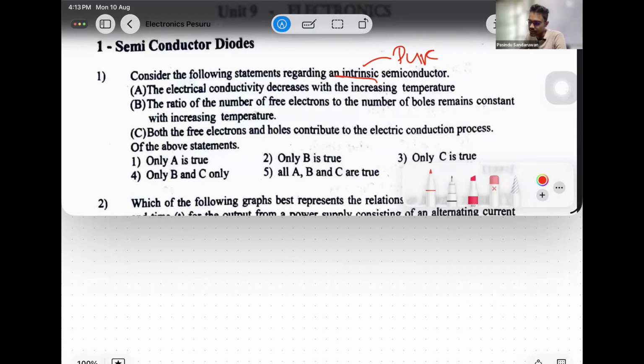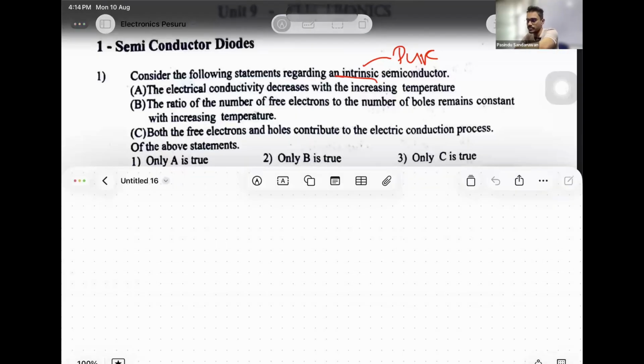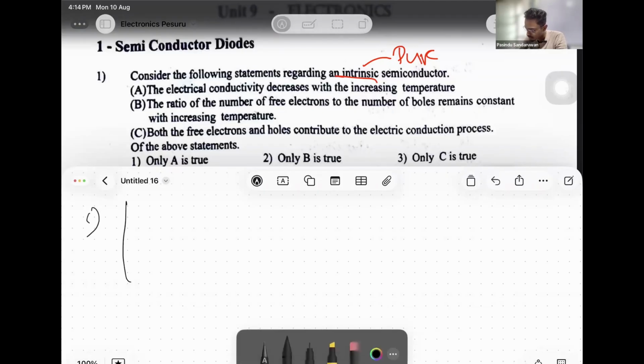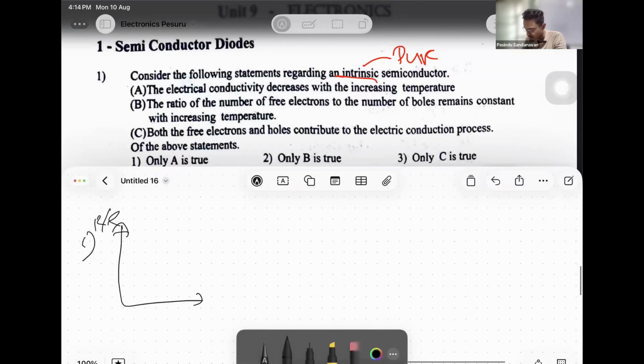The first statement: the electrical conductivity decreases with increasing temperature. No, because in electricity, actually, we draw the variations of semiconductors. For a semiconductor, this is what we draw, for resistance and resistivity.